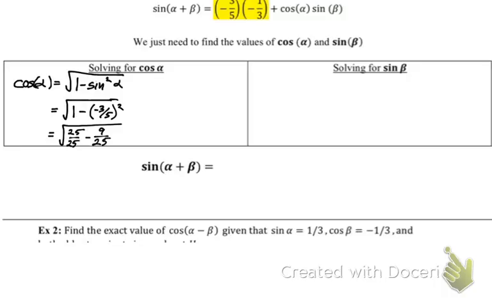These are always going to be positive, so even if we forget to put the negative sign here, it's going to be positive. But we have 25 minus 9, which equals the square root of 16 over 25, which equals 4 over 5. That might not be 100% correct because it's either positive or negative.